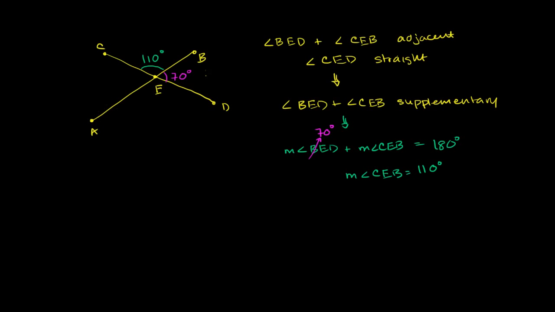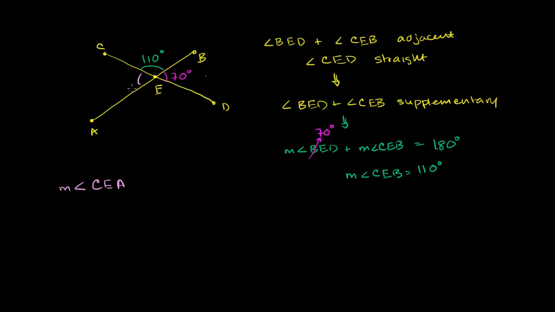So now let's use the same logic to figure out what angle CEA is. So now we care about the measure of angle CEA. And we can use the exact same logic. Angle CEA and angle CEB are adjacent. They form a straight angle if you look at their outsides. So they must be supplementary.